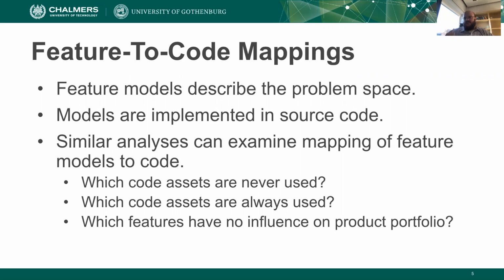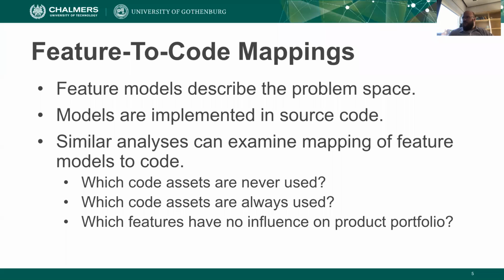So by leveraging the same Boolean-based analysis from last time, we can look at how to detect things like unused modules in our code and dead code in preprocessor-based implementations. We can elaborate on issues regarding build systems that can complicate analyses. Specifically, we'll look at a few things here. Which code fragments are never included in any real product?